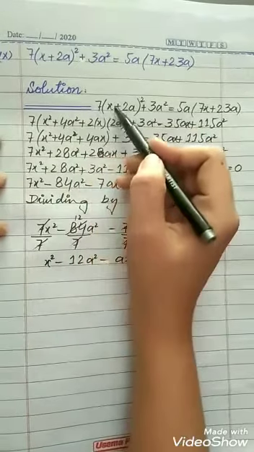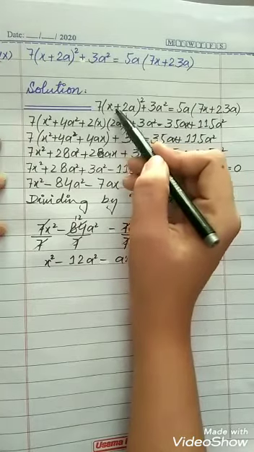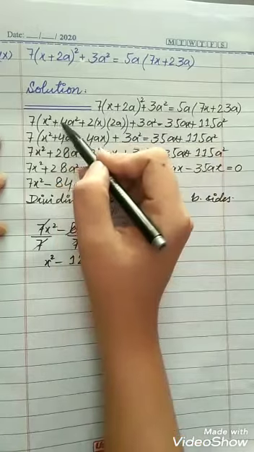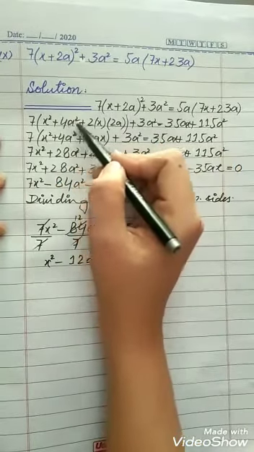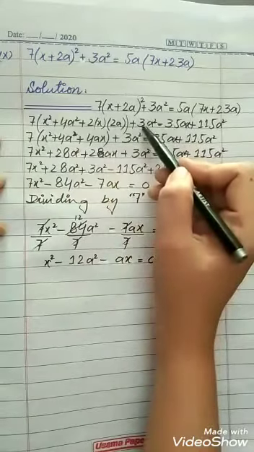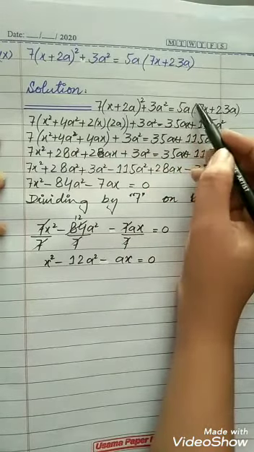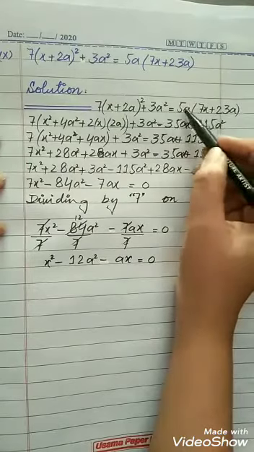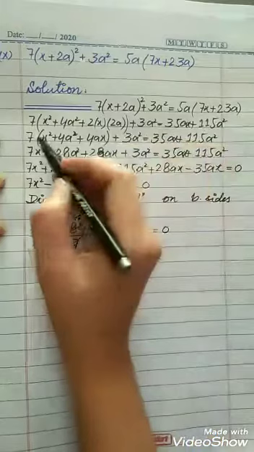So we have to solve it and make it by ourselves in standard form quadratic equation. So what to do for that? First of all, we will solve this using the formula, that is a plus b whole square. What is a plus b whole square? The formula is a square plus b square, so x square plus (2a) whole square plus 2 times x times 2a. So this one plus 3a square is equal to, we will open this bracket after multiplying on the right hand side, 35ax plus 115a square.